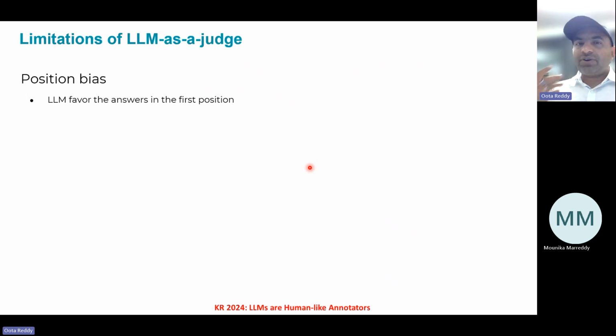When a person starts hearing a longer story, humans normally pay attention to the early conversation and lose track in the middle of the conversation. This is a problem in LLMs too. There is an awesome paper called Lost in the Middle. Even LLMs lose the context in the middle of a longer context, so they always favor the answer in the first position.